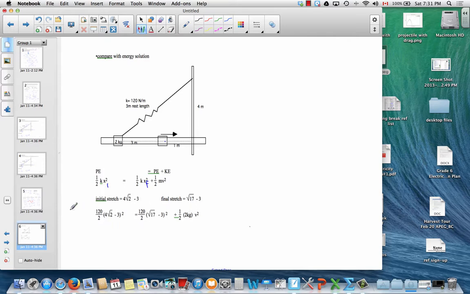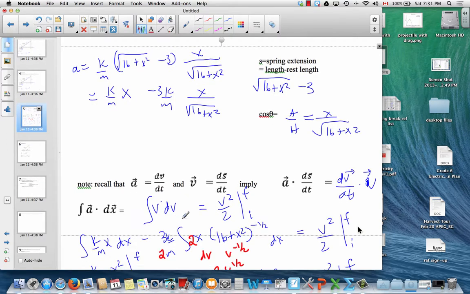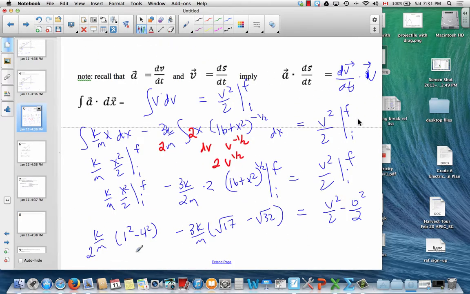Now the interesting thing is that that equation is identical, with a little bit of rearranging, to the answer that we found here. Okay? So there's the root 17, there's the root 4 over 2. This ends up being like a half kx squared, because by the time you cross multiply the mass over here to this side to make it like mv squared over 2, this just looks like a half kx squared.